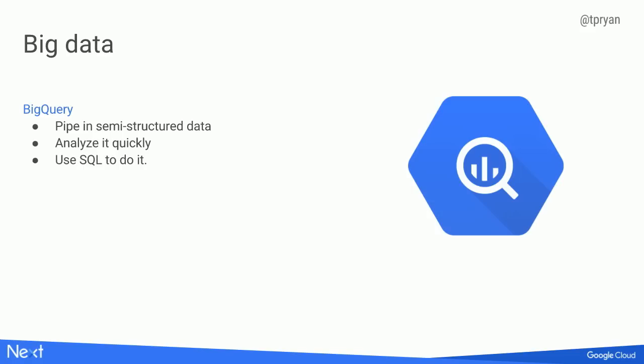With most big data jobs, you're going to build some sort of job to analyze your data. You're going to throw as much computing resources as you can at it, and you get the answer back when it's done processing all the data. BigQuery is different in that it's us throwing our computing resources at it.